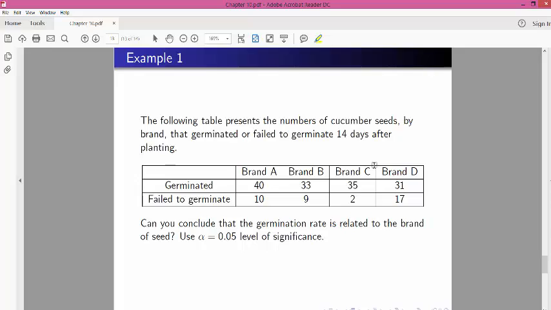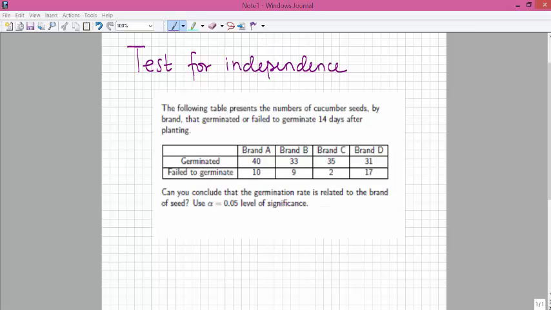So we have this data right here. We would like to see if there is a relationship between brands of these seeds and the rate of germination. Maybe one brand has a higher rate of germination than the other, so if you were interested in planting cucumbers, then you would probably go with that one. Let's go ahead and see how we would solve this problem.